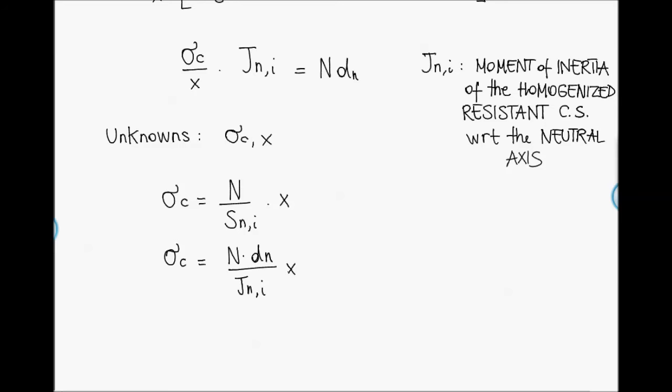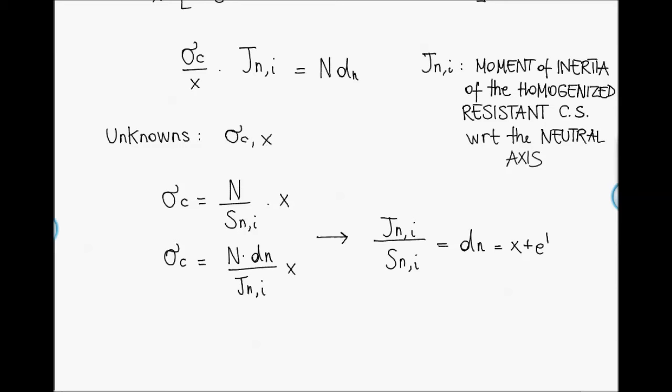So by equating these two expressions, we obtain Jni over Sni equal to dN, which is x plus e prime.